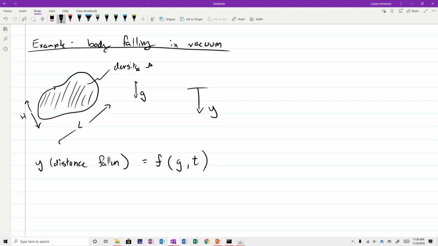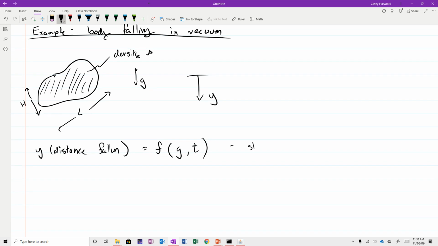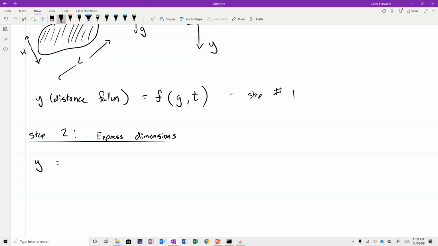Okay, so that was step one of our dimensional analysis process, which is list all important variables. Step two is to express dimensions. So we've got y, which has dimensions of length.